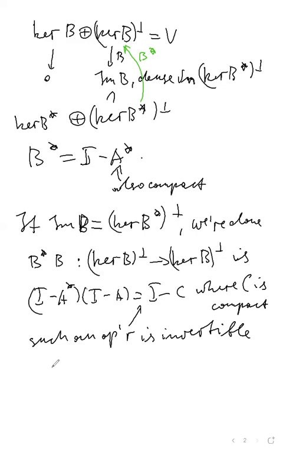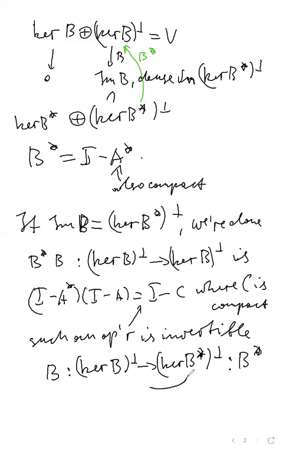Such an operator is invertible, so we have two operators. We have the operator B going from the kernel of B orthogonal to the kernel of B star orthogonal, and we have the operator B star going in the opposite direction.